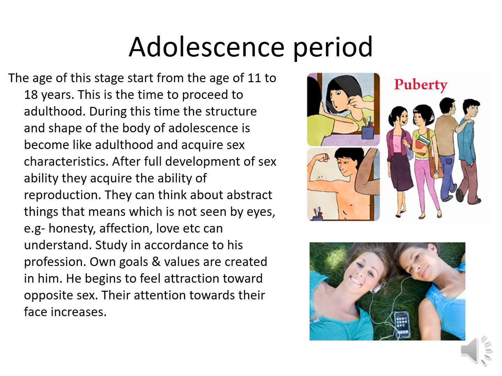Okay. Then the adolescence period, which is from 11 to 18 years, and this is actually the time to proceed to adulthood. During this time, there is huge rapid growth in the adolescence period, and we can see that their physical, mental, social, and emotional development all has very rapid, fast growth.